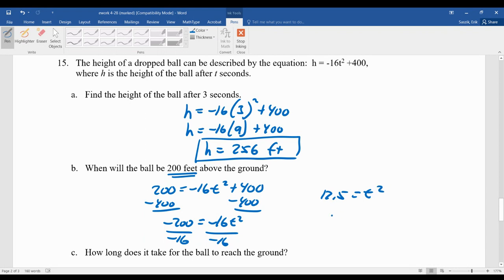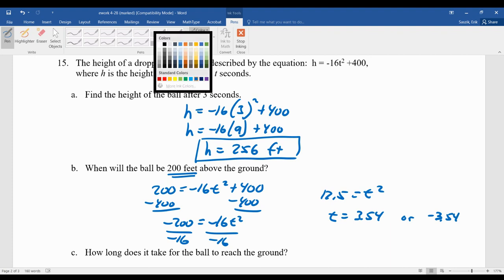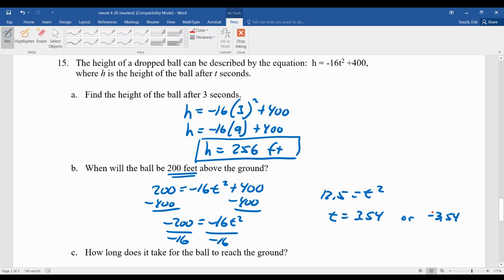And then, of course, I would take the square root of that, and I'm going to get 3.54 on my calculator. Now, I'm also going to get negative 3.54. But again, remember, t is time. We can't go back in time. So we have to discard the negative answer there. It doesn't make any sense.